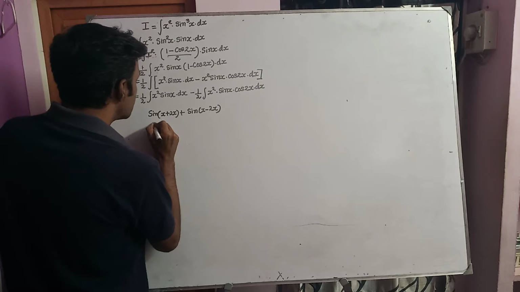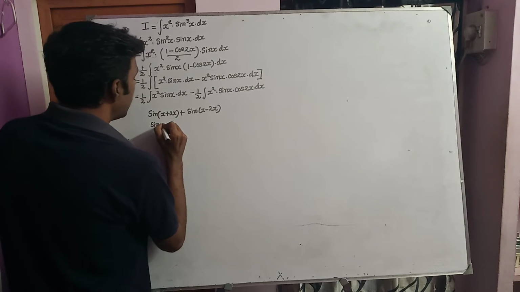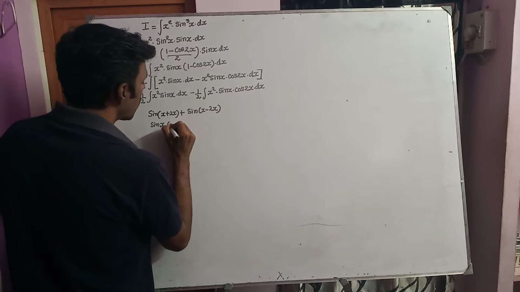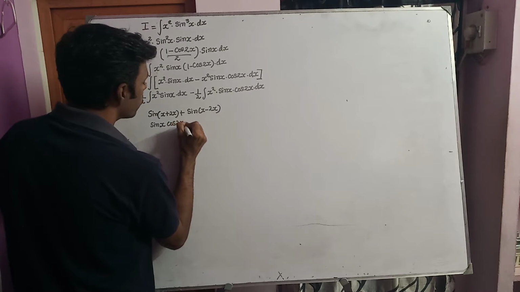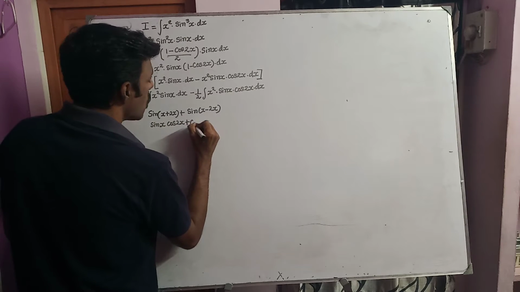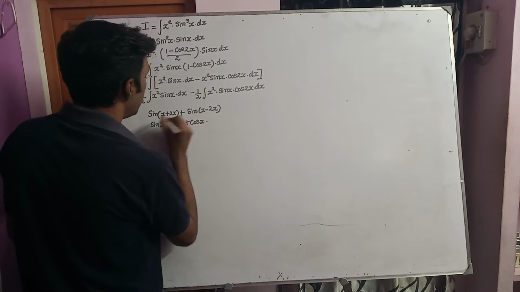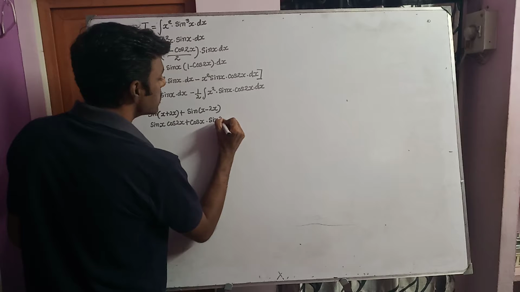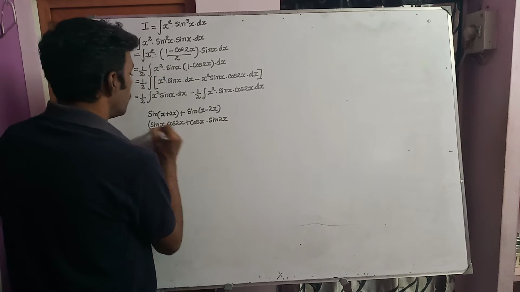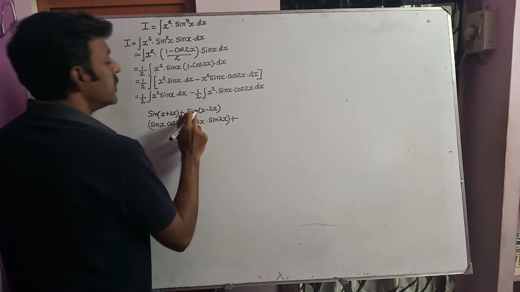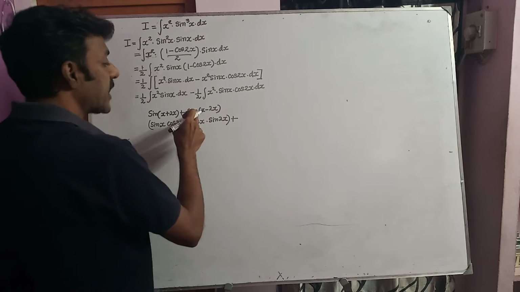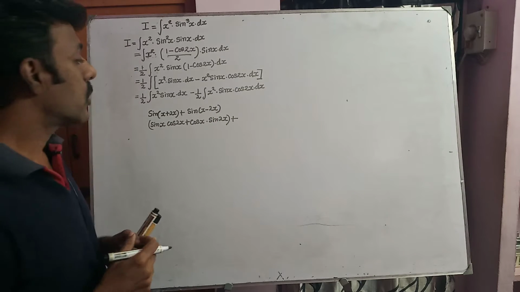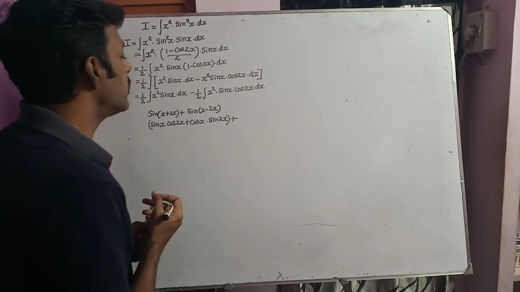So it will be sine a cos b, that is sine x into cos 2x, plus cos x into sine 2x, plus sine of x minus 2x, of the form sine a minus b. Sine a minus b is sine a cos b minus cos a sine b.